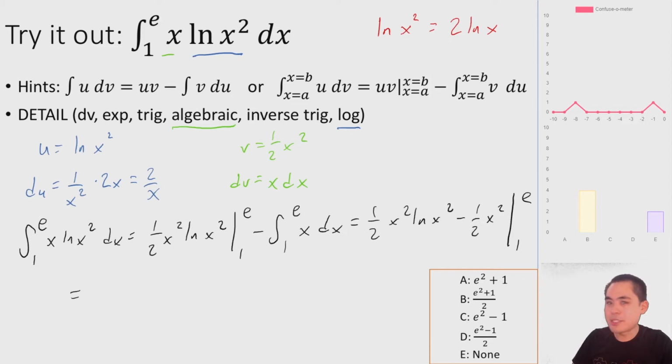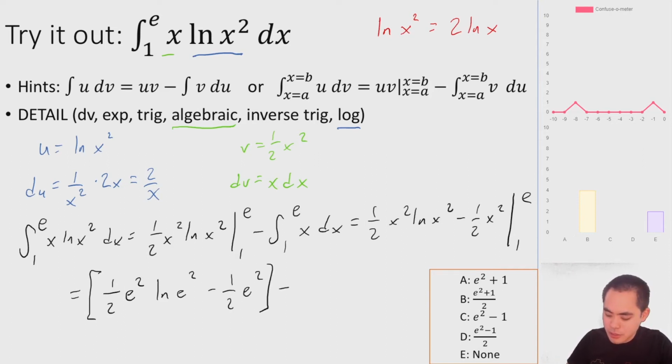And when you plug all this in, what you'll find if you don't accidentally make a math mistake is this is 1/2 e squared ln of e squared minus 1/2 e squared minus 1/2. Now, of course, note that ln of e squared is just equal to 2 by properties of the natural log. And so this is equal to 1/2 e squared plus 1/2. So that is indeed B.